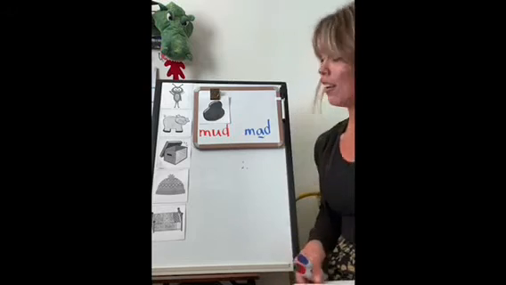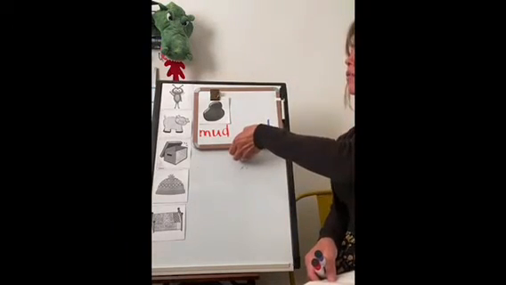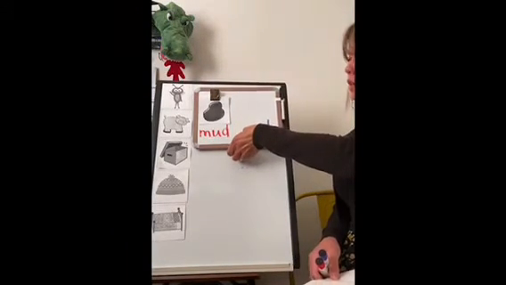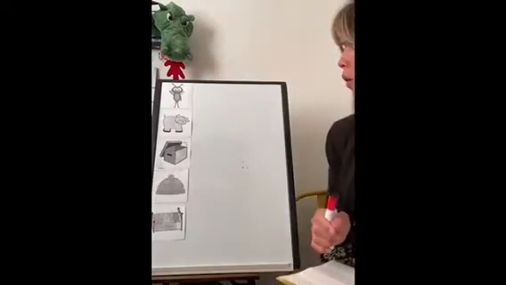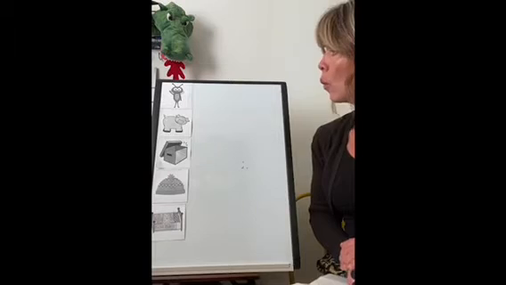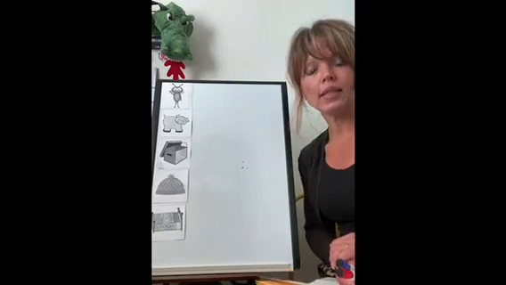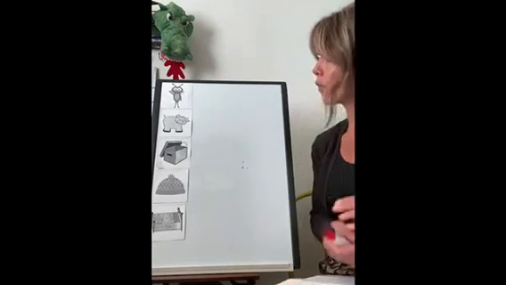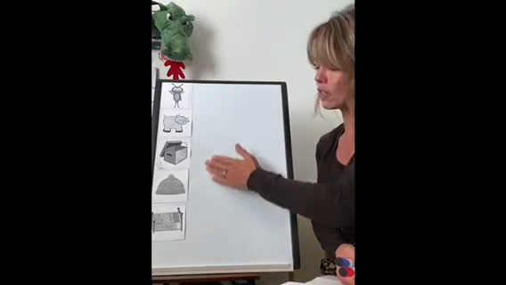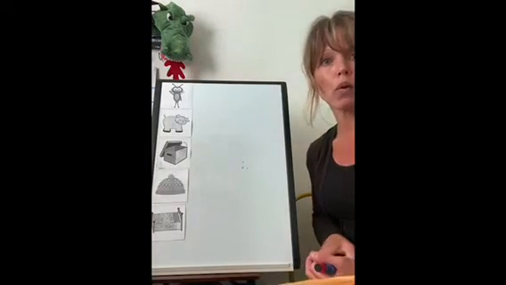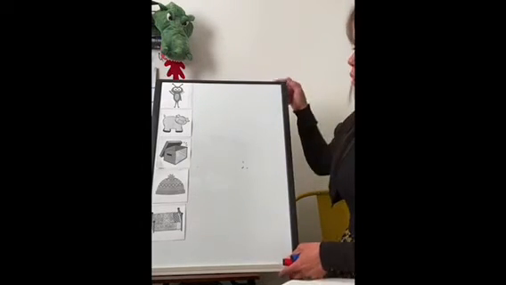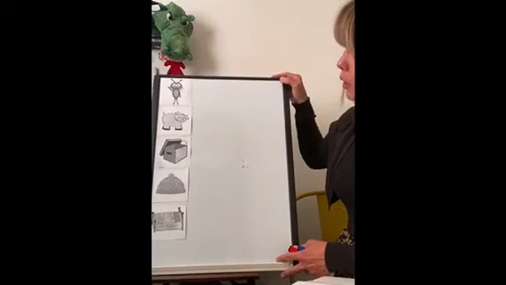Okay. All right, so let me move this out of the way. We have 5 pictures up here on this board. And what I'm going to have you do is spell the word. So we're first going to go through and spell all of these words, okay? At home on a piece of paper or on a whiteboard, I'd like for you to spell these words that go with these pictures.